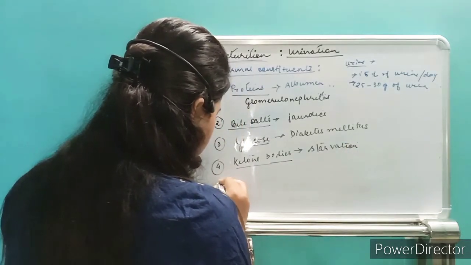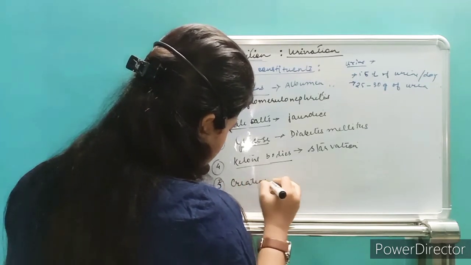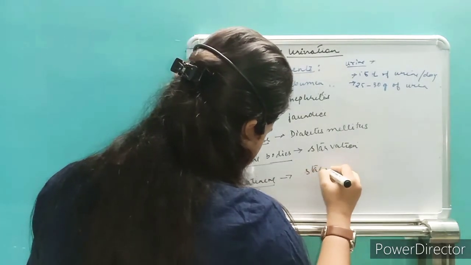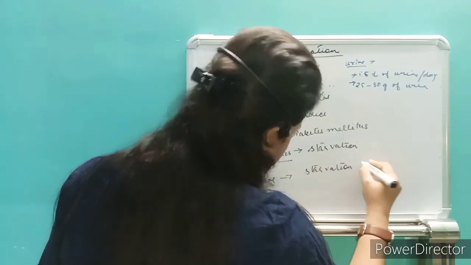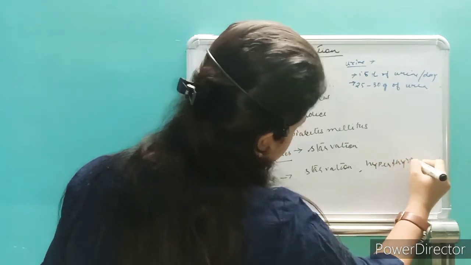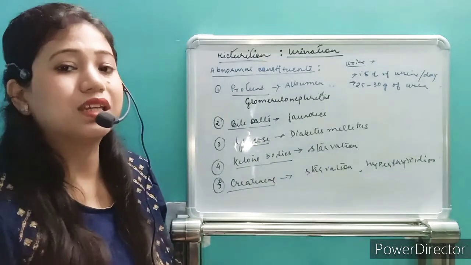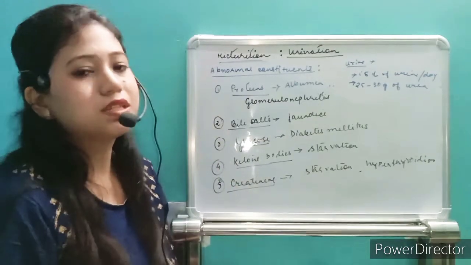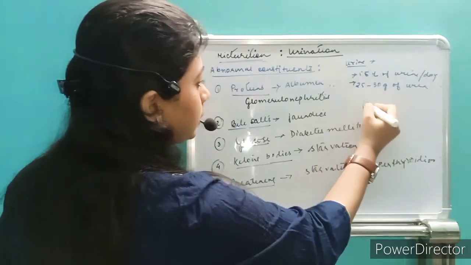Next, fifth, suppose in the urine we have creatinine. This creatinine can also be present during starvation, or it can also be a condition when we have hyperthyroidism. So just see, there are different constituents that can be present in different diseases. Like suppose albumin is present, that means normally in the filtration membrane, this is the nephron.